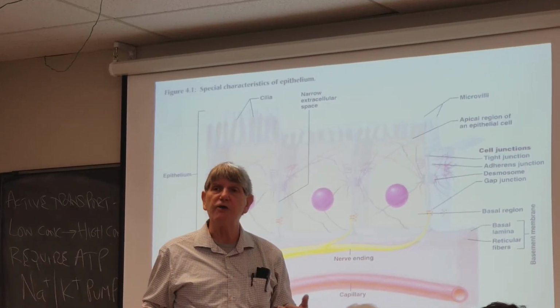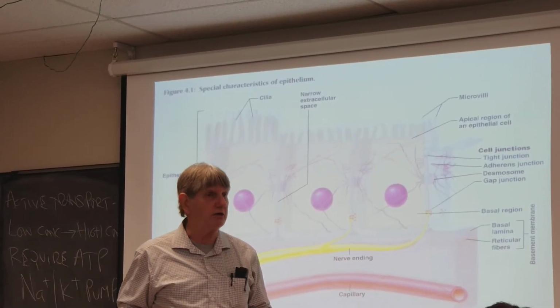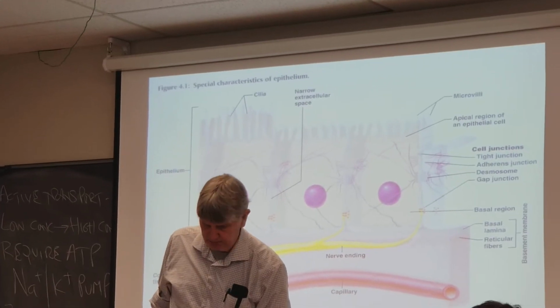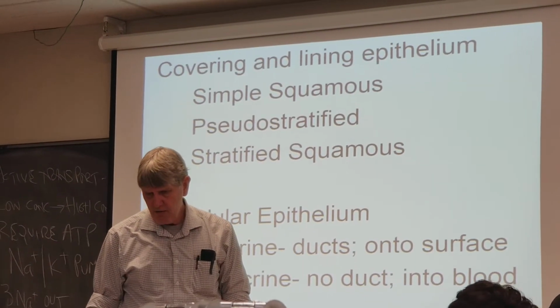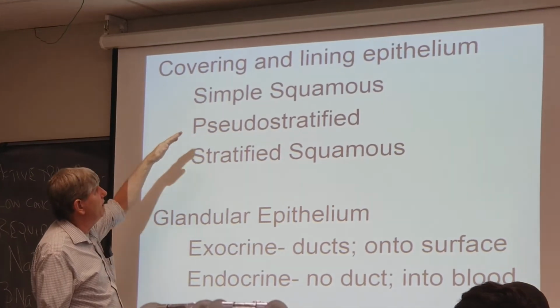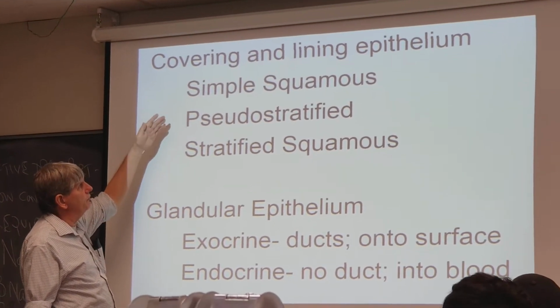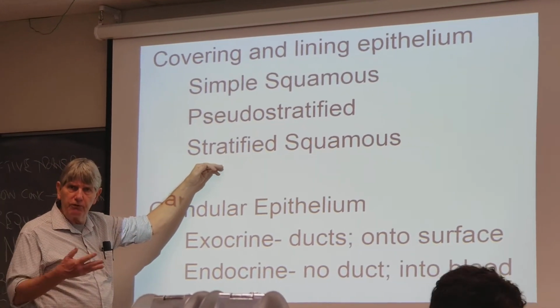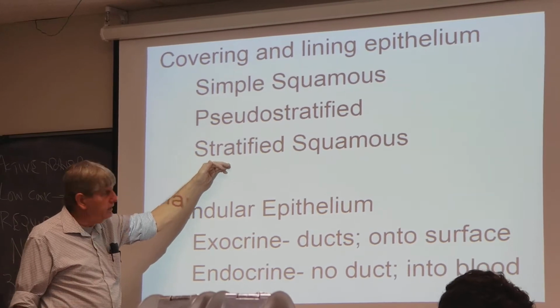All epithelia has receptors, right? So again, detecting the stimuli for whatever's going on in their environment. Now, in terms of the regular epithelium, covering and lining a surface, simple squamous to stratified squamous, these are the three we looked at in laboratory already.